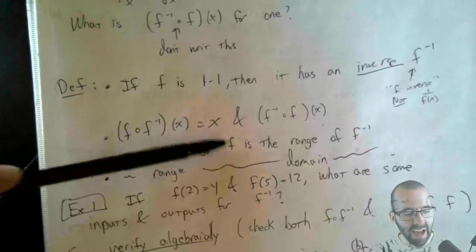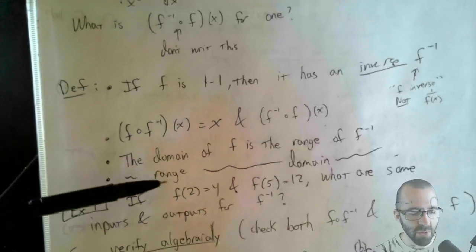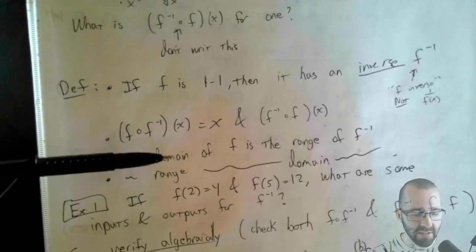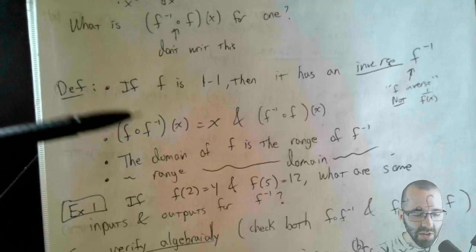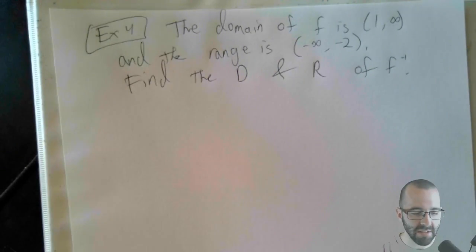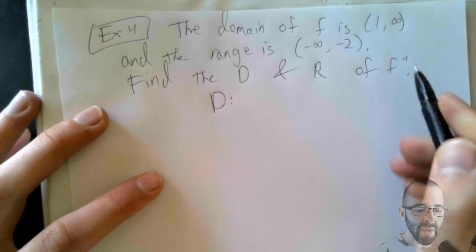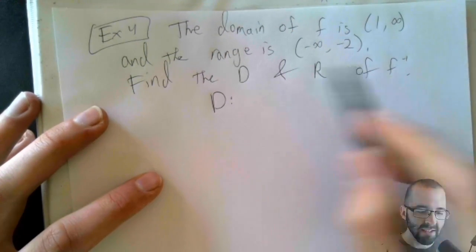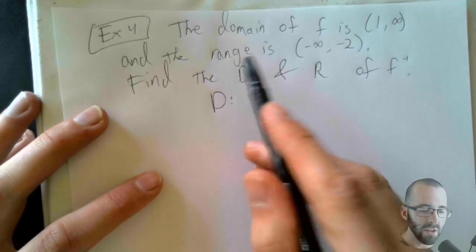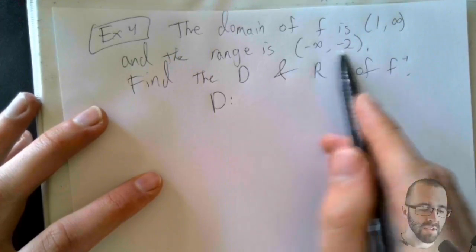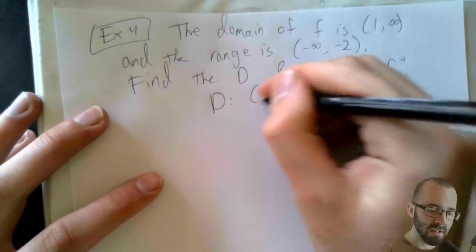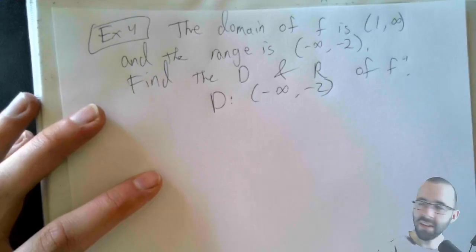The domain of f is the range of f inverse. The range of f is the domain of f inverse. So all you do is switch the x's and the y's to get to f inverse, right? So the domain of f inverse is the x's of f inverse. That's going to be the y's, or the range of f. So it's just negative infinity to negative 2.